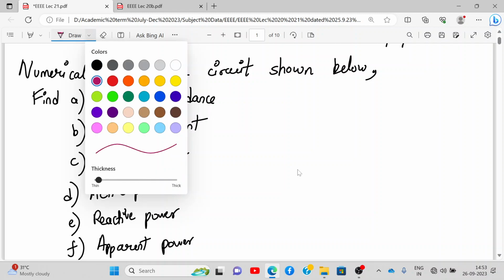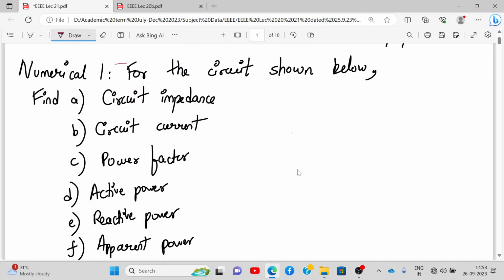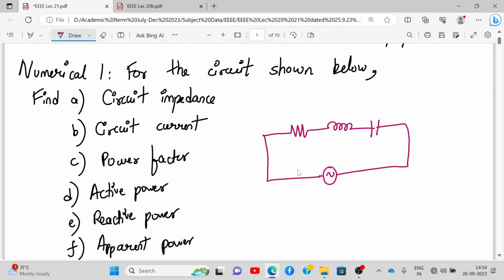Let me draw the circuit. So it's an RLC series circuit. The value over here is 200 volt, 50 hertz.